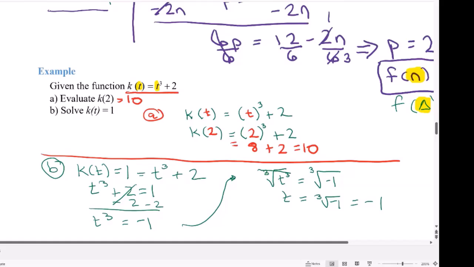So my answer here is t equals -1. If I plug that into my original function, out will come +1. And that's how we do it.